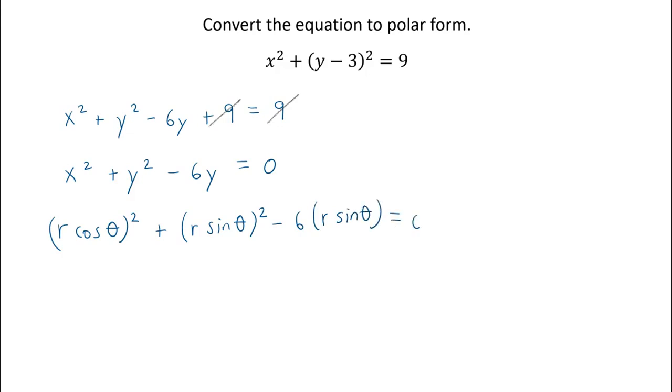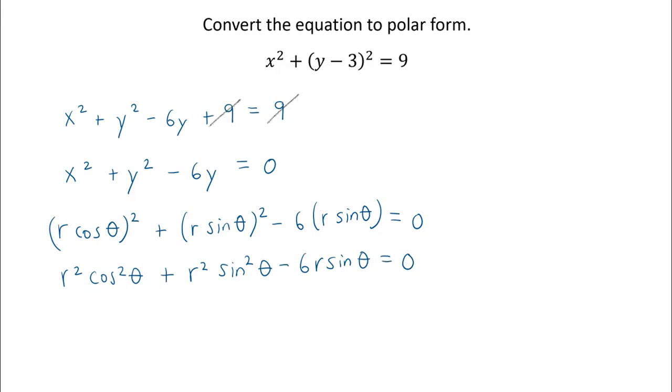And that's still equal to 0. Let's square the first term. That'll give us r squared cos squared theta plus squaring the second term gives us r squared sine squared theta, and we still have minus 6 r sine theta equals 0.